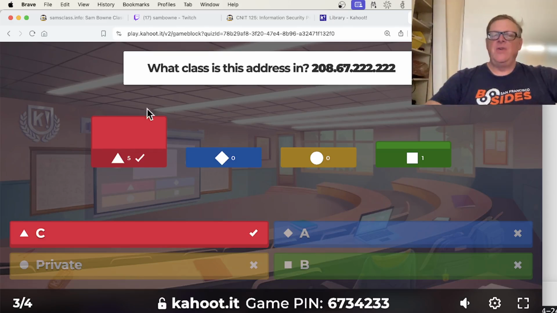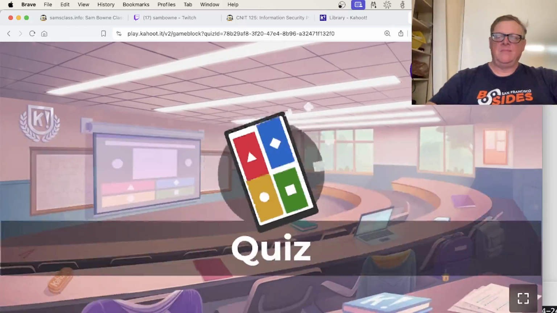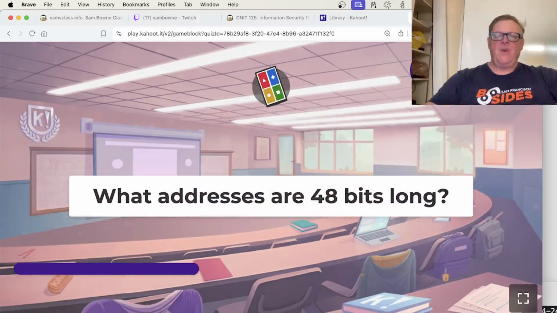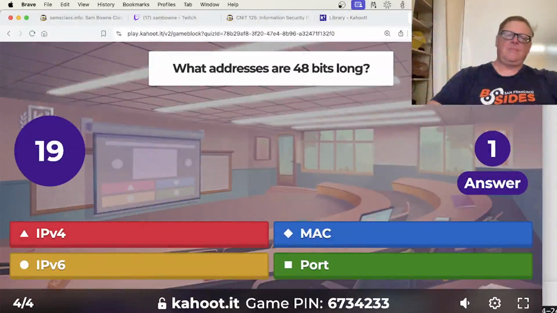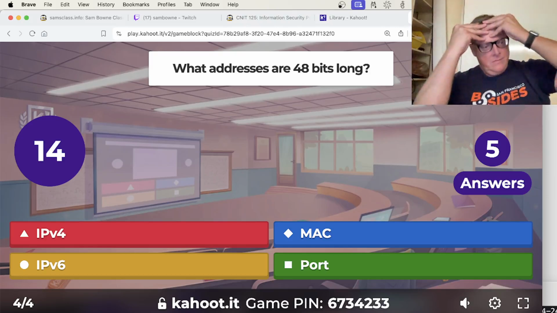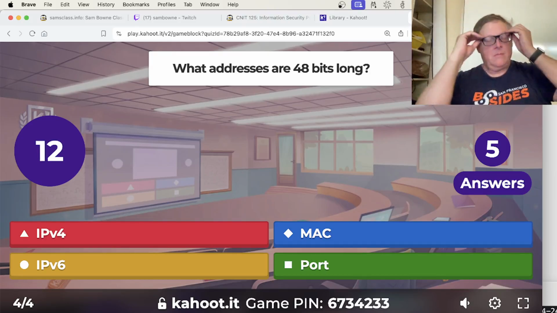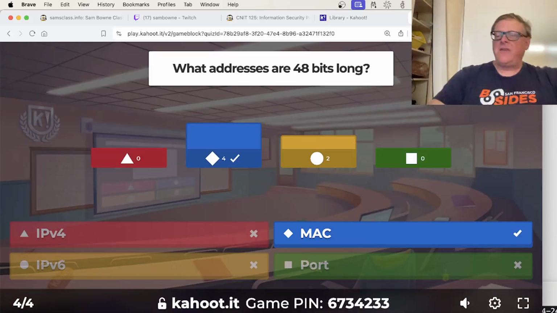So this is in the third group, class C. All right, which addresses are 48 bits long? Yep, that's the MAC address.